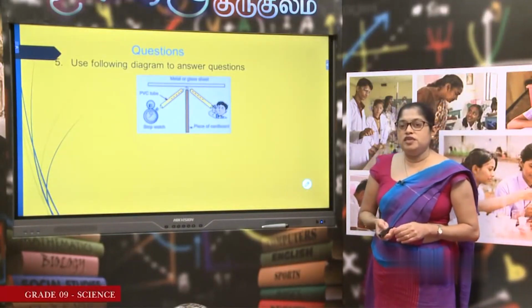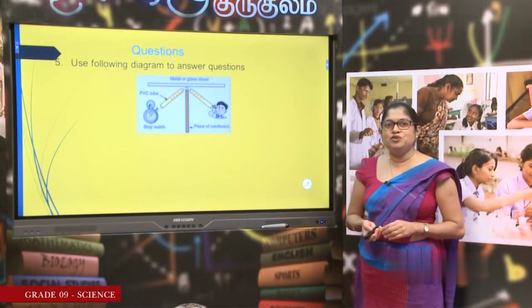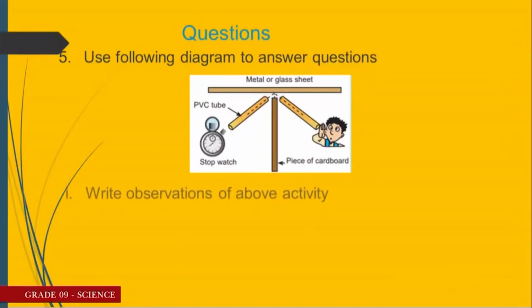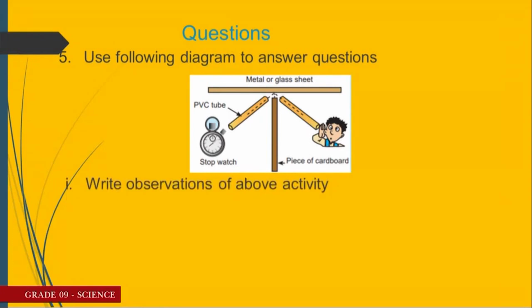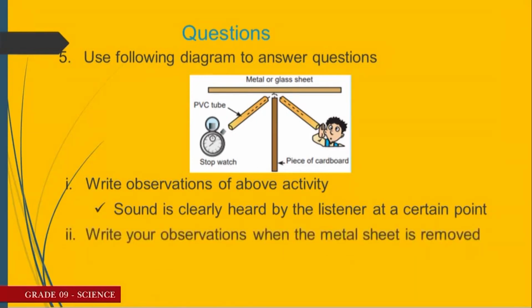Question number 5 is based on this diagram. I think this diagram is familiar to you now. Question number 1. Write observations of above activity. Answer is sound is clearly heard by the listener at a certain point. Question number 2. Write your observations when the metal sheet is removed.